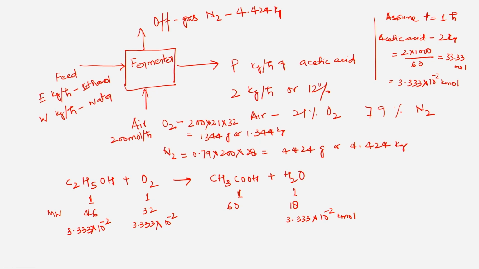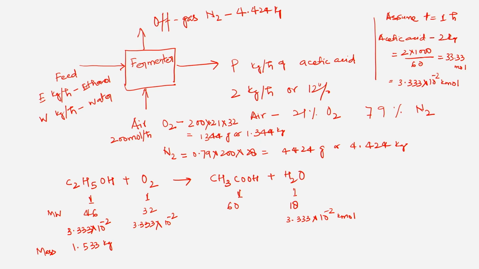Now, we can directly convert this mole into mass. For ethanol we know its molecular weight is 46, we multiply, so we will get 1.533 kg of ethanol consumed.